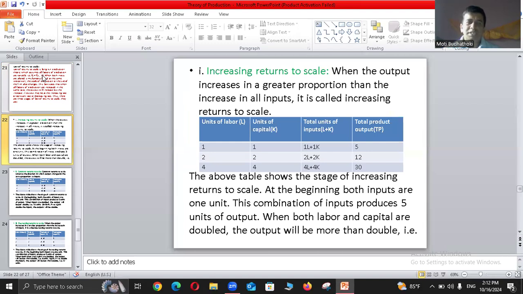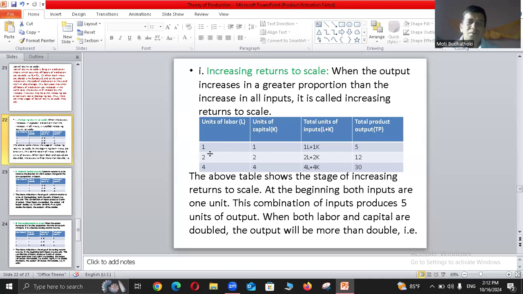Here is one table. In the first column we include units of labor. In the beginning, units of capital and units of labor both are single, 1L plus 1K, and it gives the total product of 5 units.